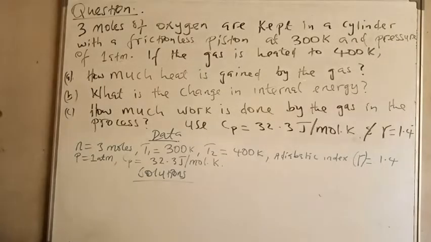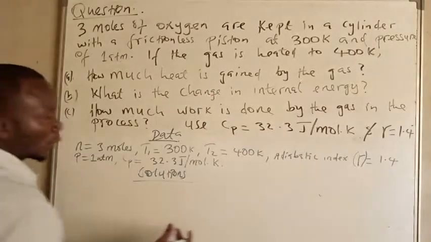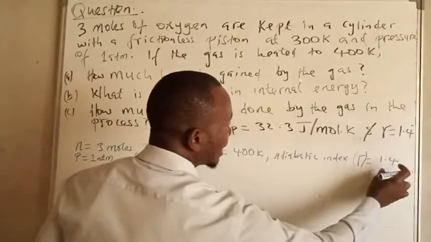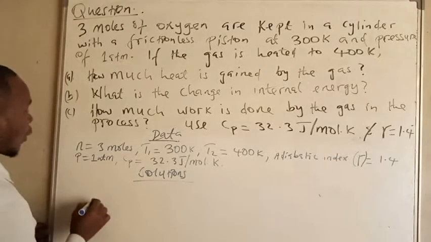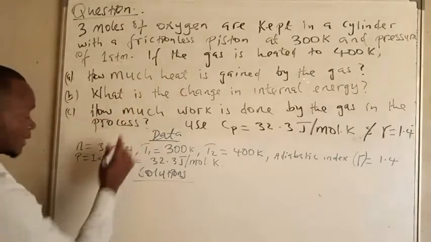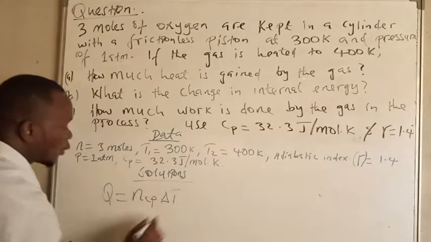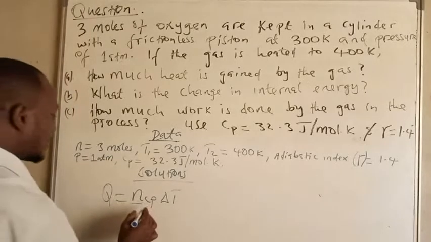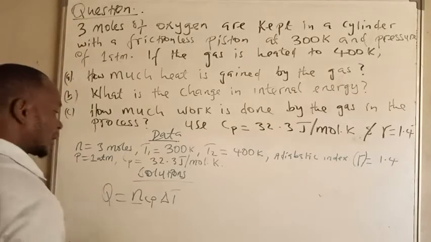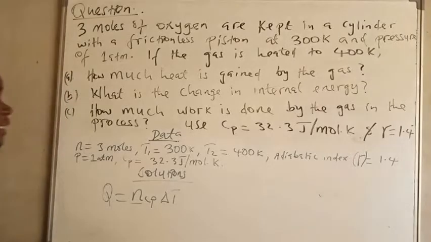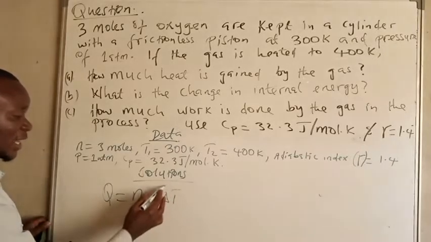In a scenario where we have this and we also have an adiabatic index, which is the heat capacity ratio, the heat that is gained is given by n Cp delta T, where n is the number of moles, Cp is the heat capacity at constant pressure, and delta T is the change in temperature.